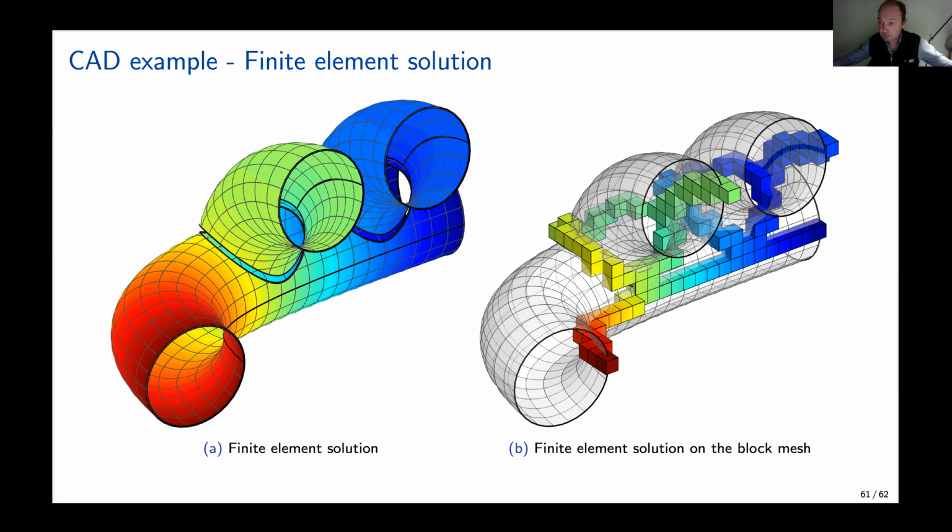You pull everything back to the reference domain. And there you have your standard finite element spaces and your interpolation bounds. So we basically formulate the a priori error estimates in terms of these pulled back functions over all the reference domains.